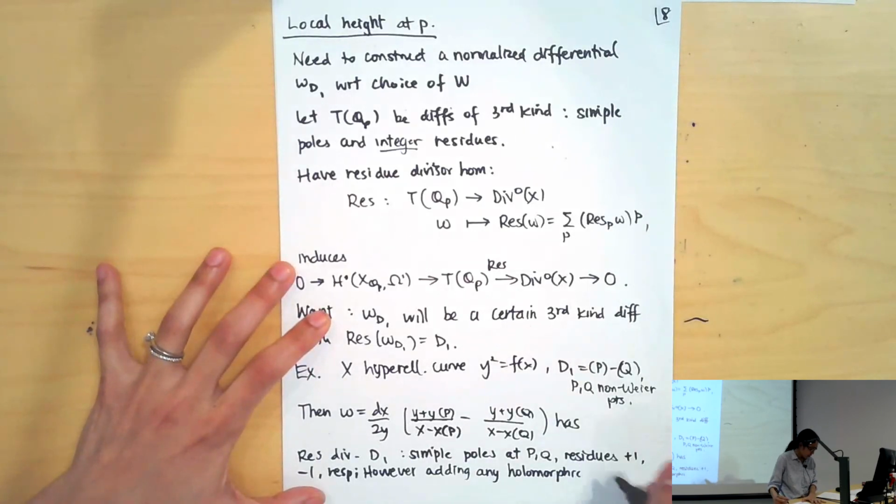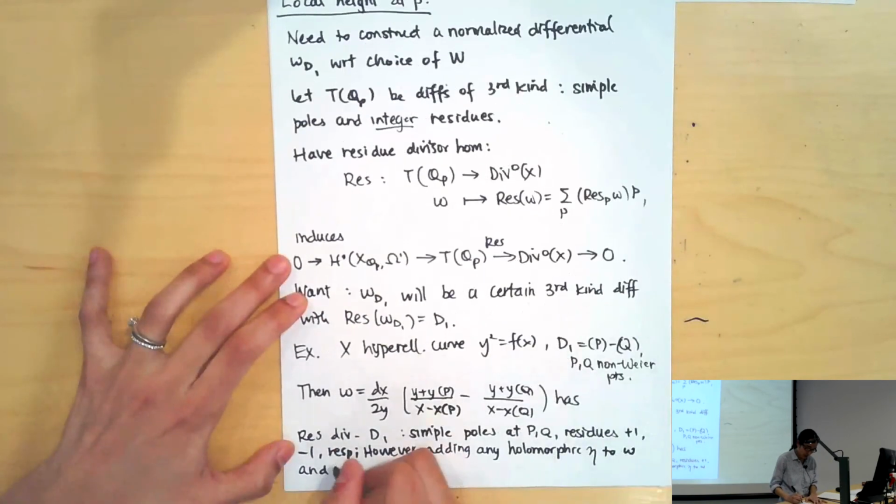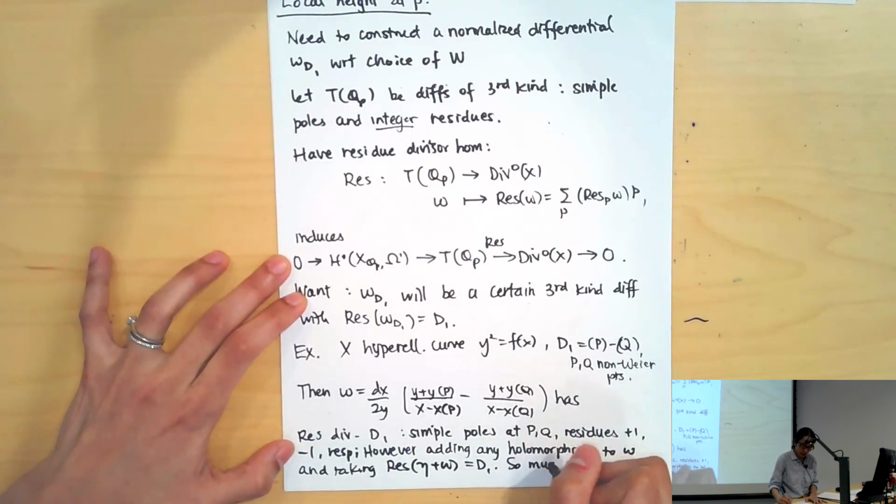So adding any holomorphic eta to our omega and taking the residue of eta plus omega also gives us D1. So we must take care of this.